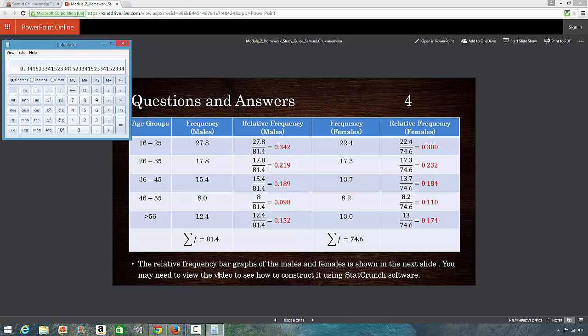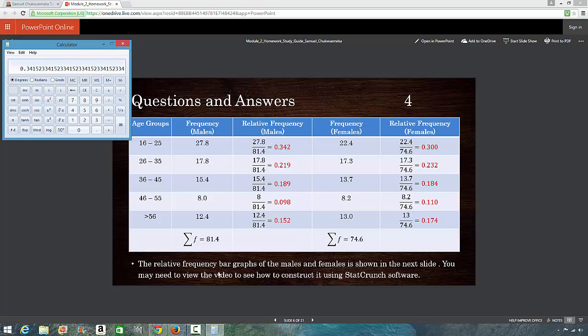How do you know whether you are correct? You can now use StatCrunch to check your work. I'm just going to write this down on a piece of paper. 16 to 25, you have 27.8. 26 to 35, you have 17.8. 36 to 45, you have 15.4. 46 to 55, you have 8.0.